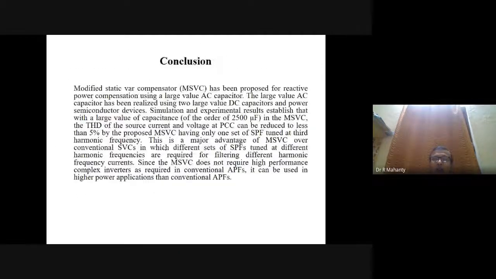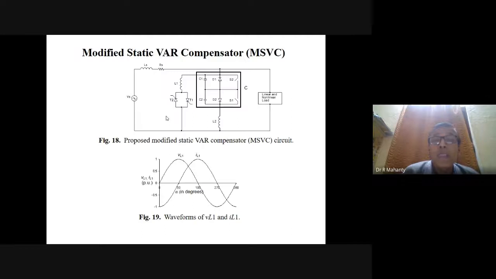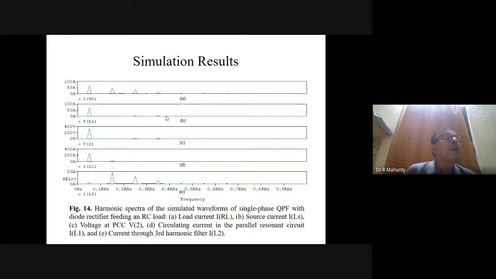Without any complex control circuitry, you can do both reactive power compensation and harmonic filtering simultaneously using this modified static VAR compensator, where you are using a very large value AC capacitor. Since a large value AC capacitor is not available, we have designed one using two DC capacitors, two switches S1, S2, and two diodes D1 and D2.